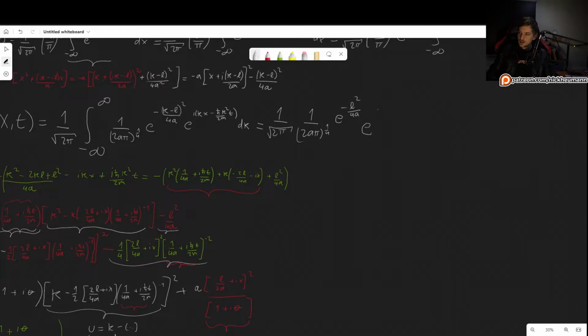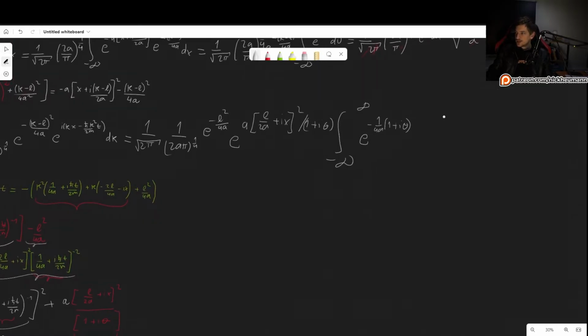So e to the a L over 2a plus ix squared divided by 1 plus i theta. And then we get the integral of minus infinity to infinity of e to the minus 1 over 4a 1 plus i theta times u squared du.